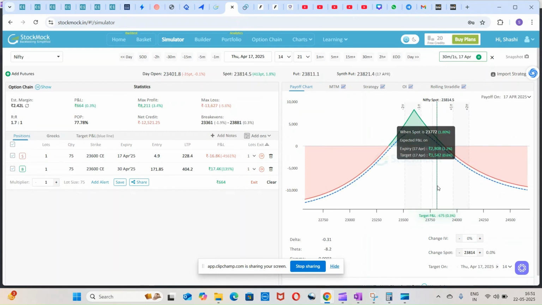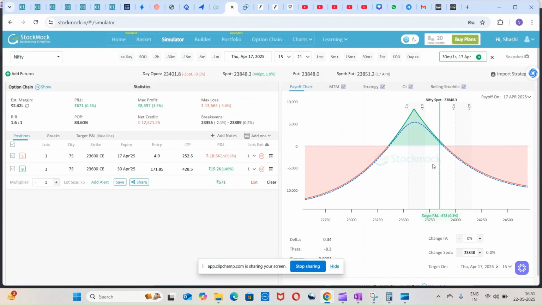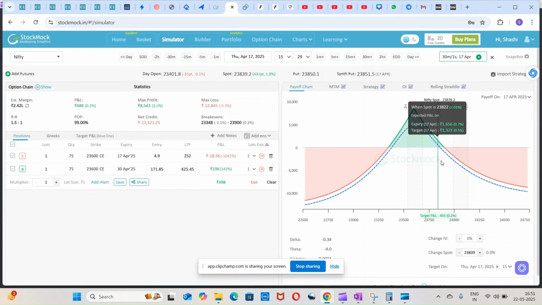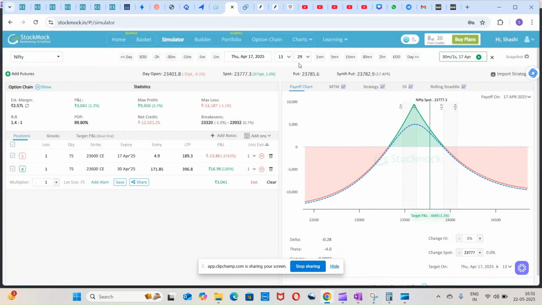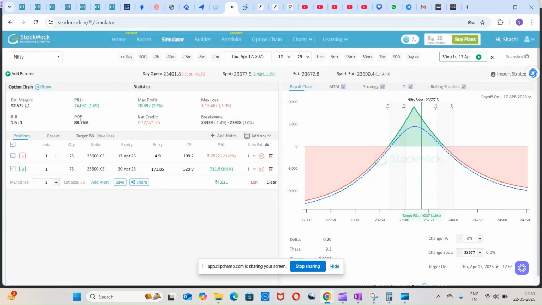Now it has crossed, and it has ended just at the end. Even though it's 0.2% at the end of the day, ideally on expiry day you need to just leave at 1:29, or probably here, this is the ideal time to leave. You could make good profits if you leave at this stage.